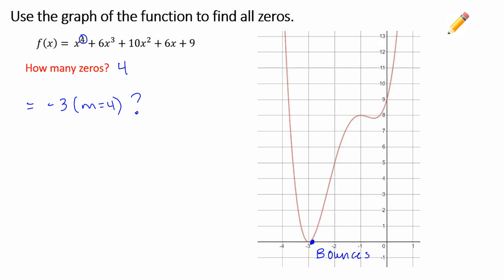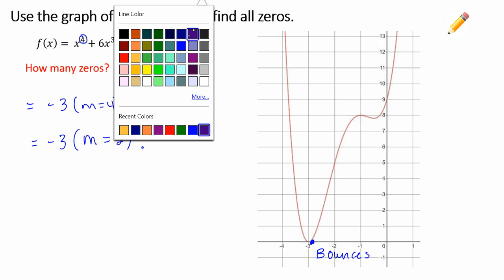It could also have -3 with multiplicity of 2. Now, if -3 has a multiplicity of 2, then what would the other 2 solutions be?